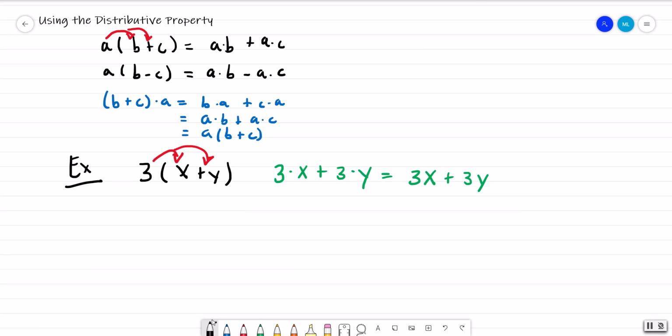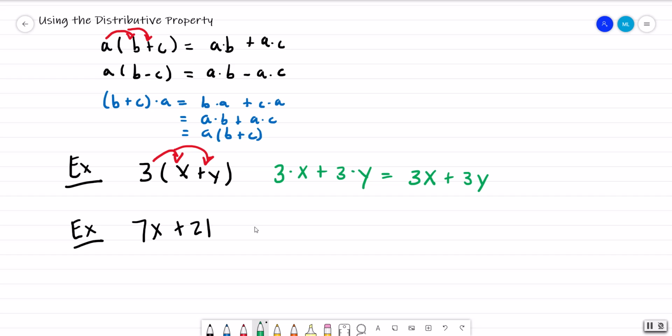Now, similarly, we can actually reverse the distributive property. For instance, let's say that we have 7x plus 21 and we want to reverse the process.